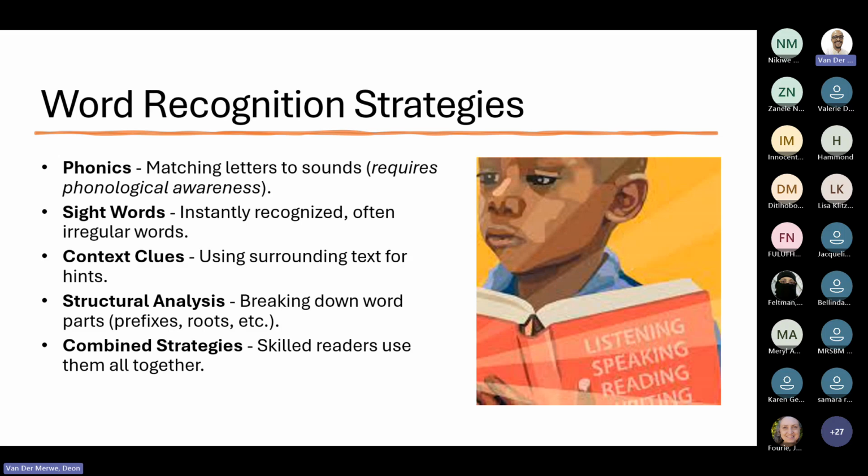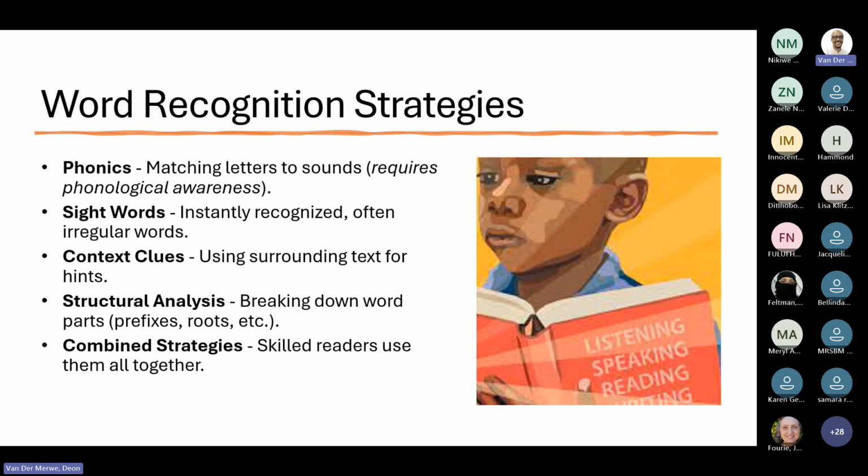And then we also have sight words. And these are words that readers recognize or should recognize instantly. And many high frequency words don't follow typical spelling rules, like the word was or said. So they need to be memorized.